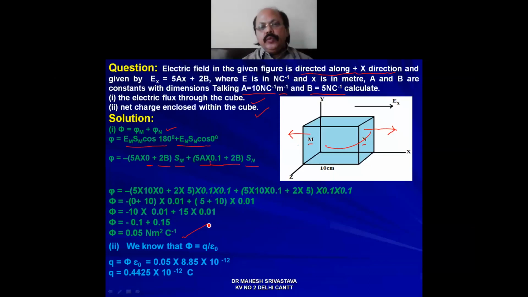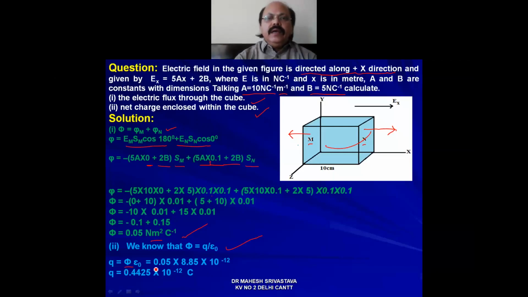Now in the second part, it is asked what is the net charge enclosed within the cube. So here you apply Gauss's law. From Gauss's law, you know that phi is equal to q upon epsilon naught. So phi you have already calculated. Then q is equal to phi epsilon naught.